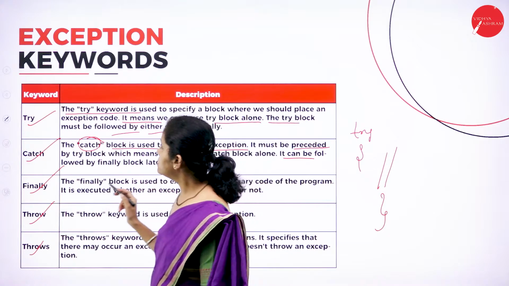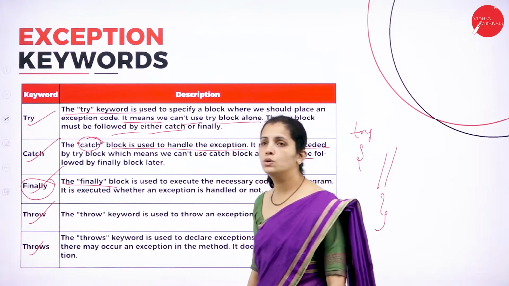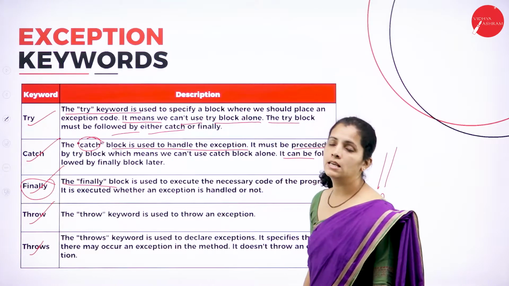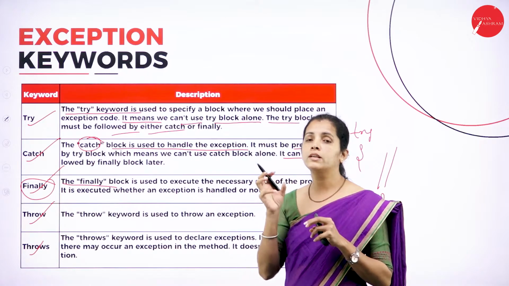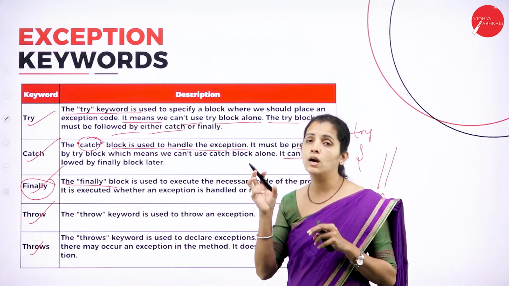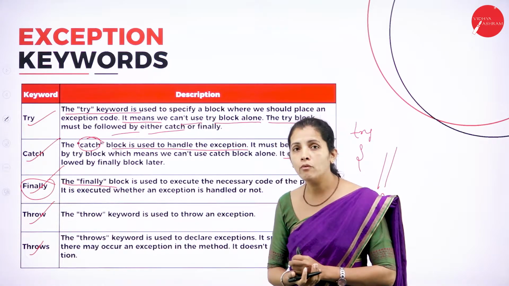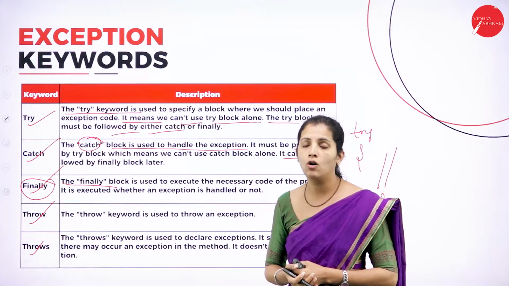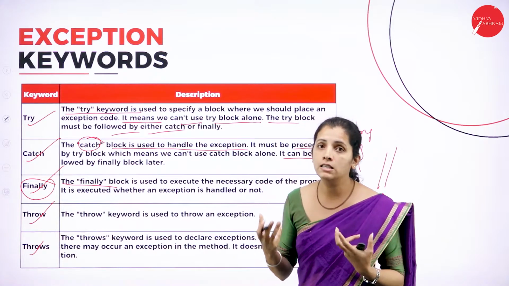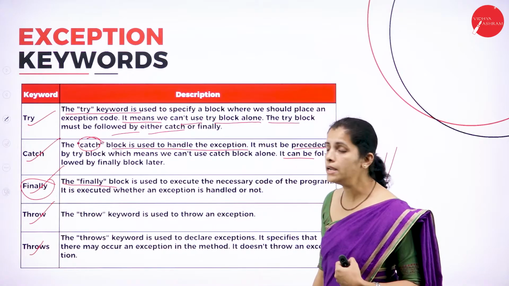Now, what is this finally keyword? The finally block is used to execute the necessary code. That means in the finally block, I write the necessary code and that must be executed. For example, if I want to close all the network connections, or close file descriptors, those things are written in the finally block.